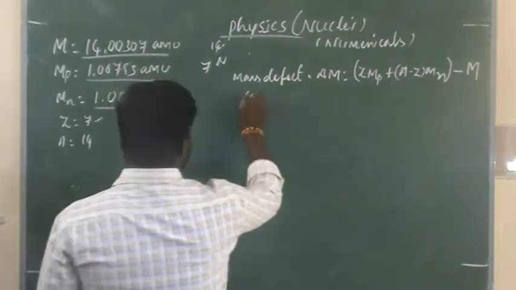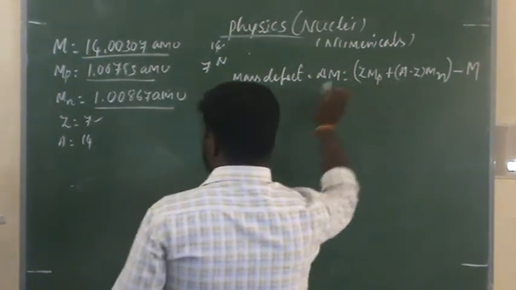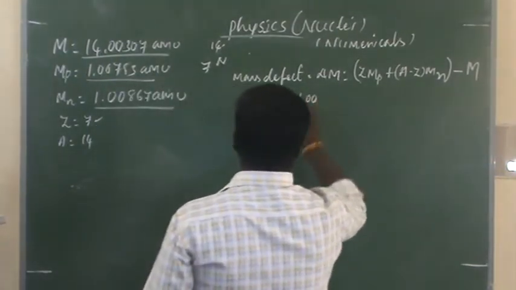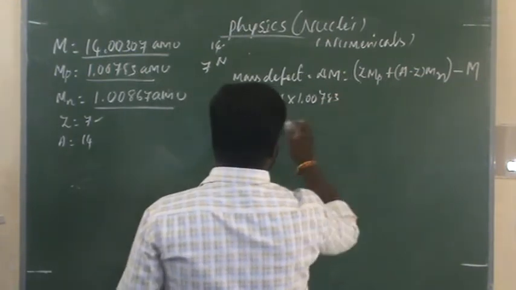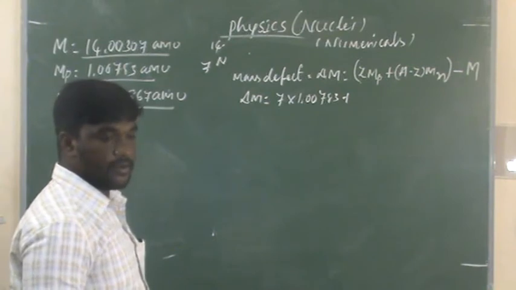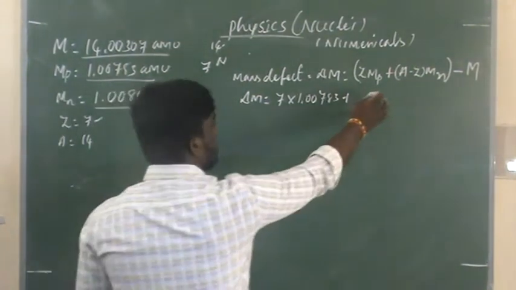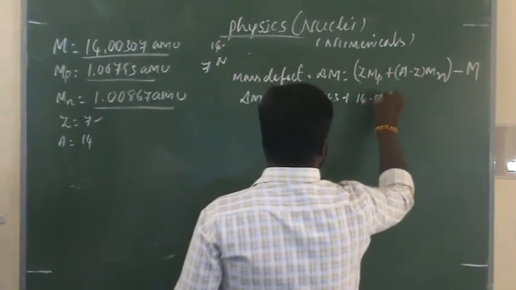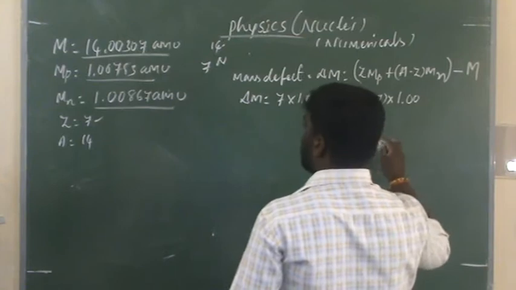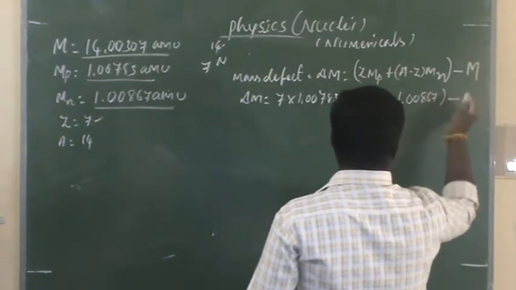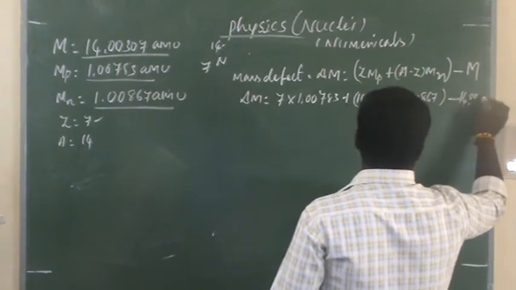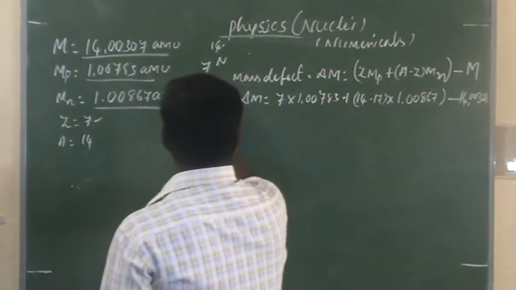Substitute the values. Delta M equals atomic number 7 into mass of the proton 1.00783, plus A minus Z, the mass number 14 minus 7, into mass of the neutron 1.00867, minus rest mass of nucleus 14.00307.